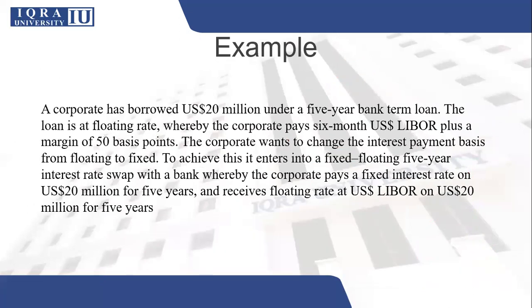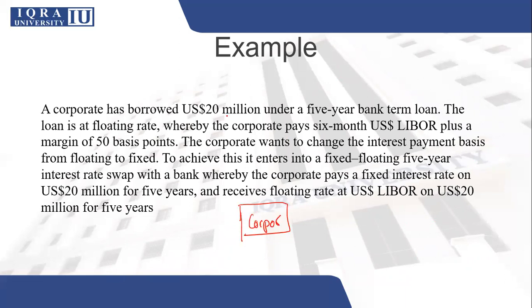Now let's do one more example to understand this better. A corporate has borrowed $20 million under a 5-year bank term loan. The loan is a floating rate loan, okay? Let's draw the diagram. So this is our corporate.